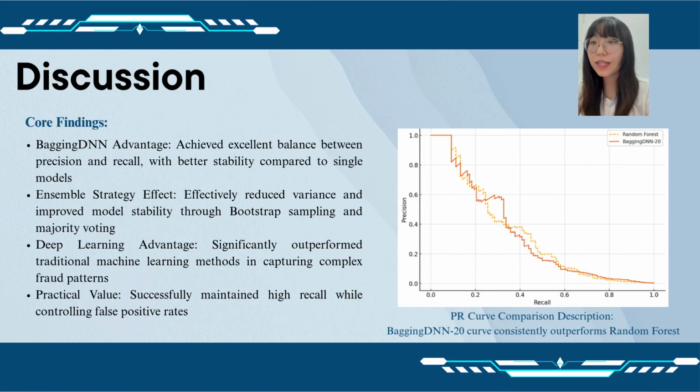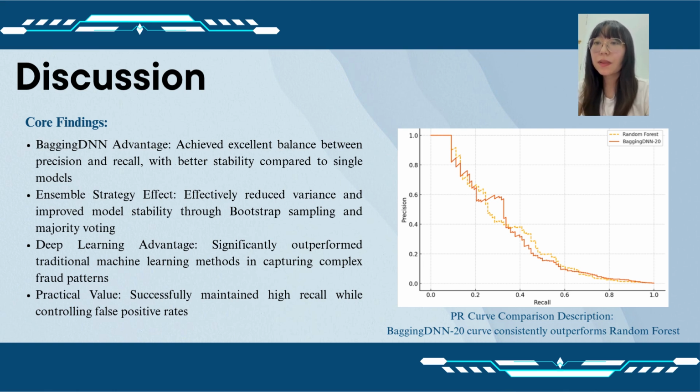This research presents several key findings. First, the Geng DNN model achieved a great balance between precision and recall. Compared to traditional models, it shows higher robustness in handling imbalanced data. Second, the ensemble strategy greatly reduced model uncertainty, leading to more stable and accurate outputs.